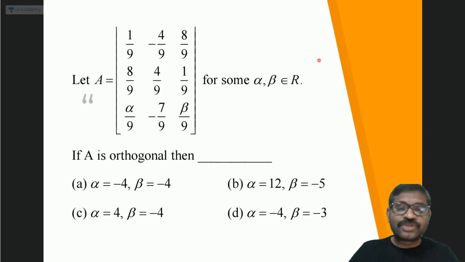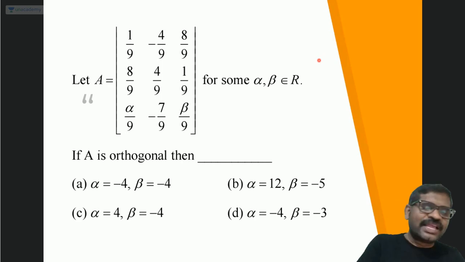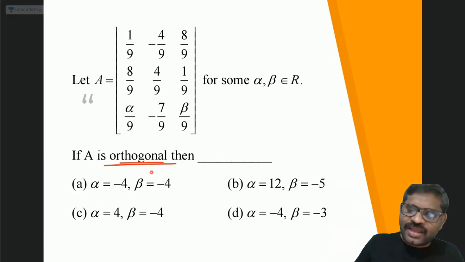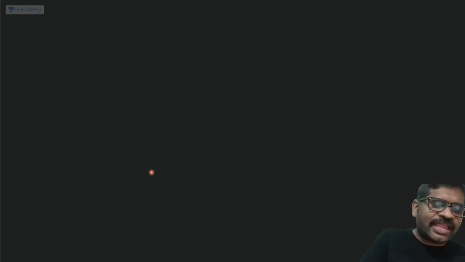Now come to the problem. In this problem, the matrix is an orthogonal matrix. An orthogonal matrix is a combination of orthonormal vectors. That's why apply the orthonormal conditions.